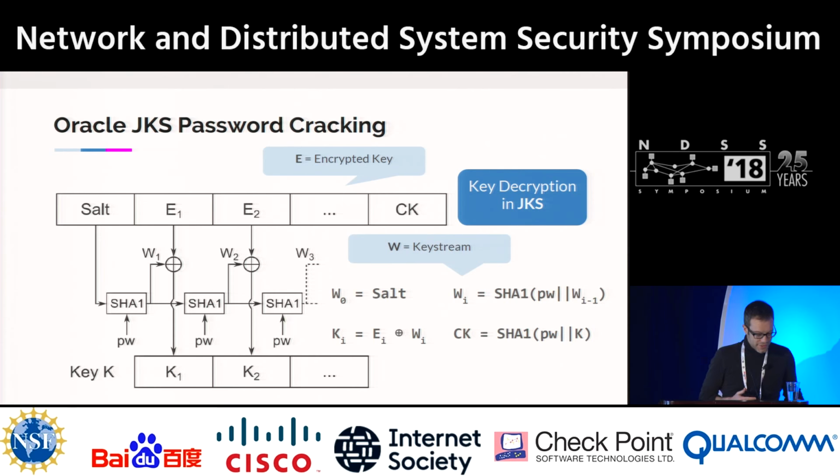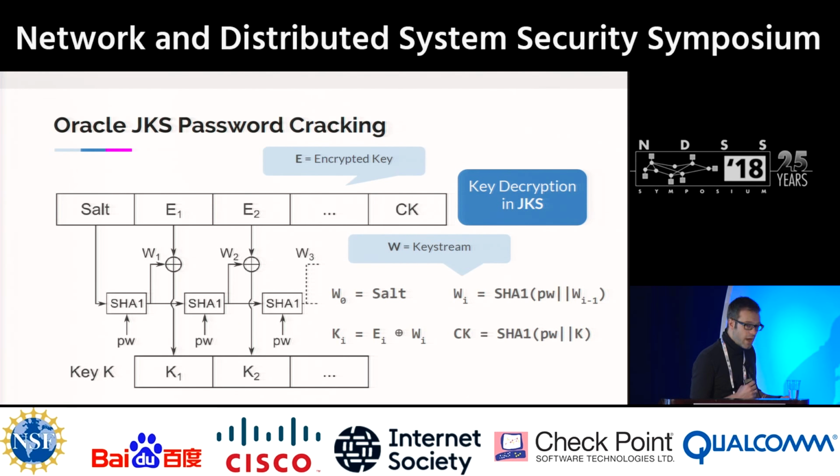Okay, so this scheme here is how JCEKS decrypts a cryptographic key. You can see here E is the cryptographic key in encrypted form, and at the bottom here is the cryptographic key decrypted. So it's the plaintext of the key, and it works like this. You take the salt at the beginning of each cryptographic entry, and then you concatenate the salt to the password.